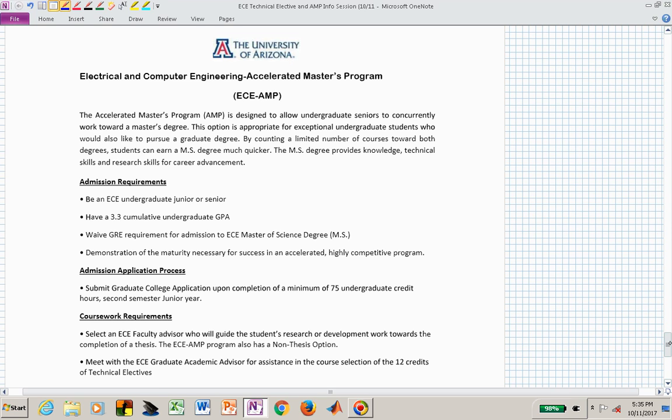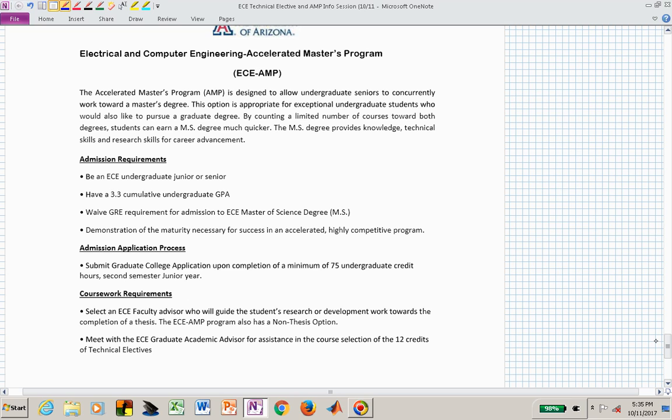And how do you qualify? Here are some of the admission requirements. You're a junior or senior, so it's up to 4 classes. You don't have to do all 4. But if you do take 4, our MS requires a total of 10. So that now says, I need to complete 6 classes in a calendar year.